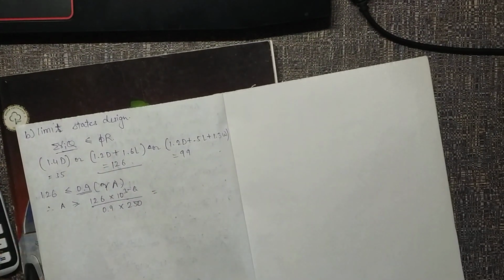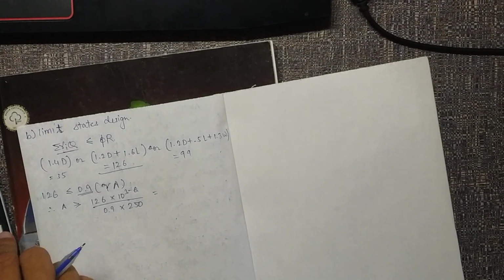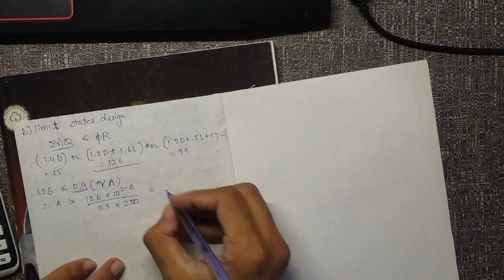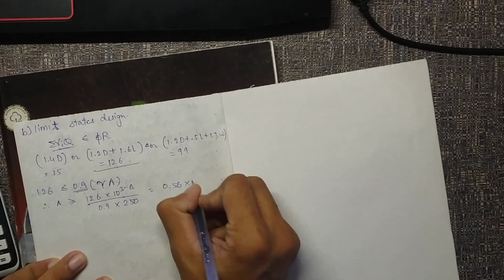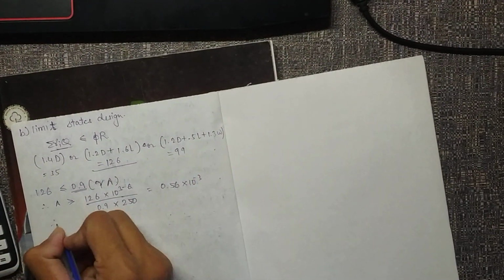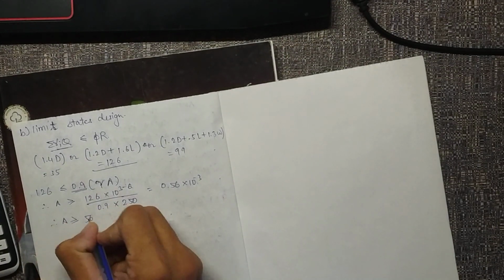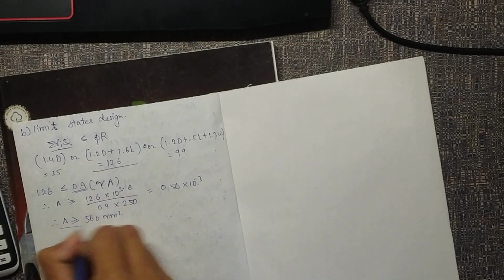So this is 126 divided by 0.9 divided by 250. So this is 0.56 into 10 raised to minus 3. Therefore area should be greater than or equal to 560 mm square.